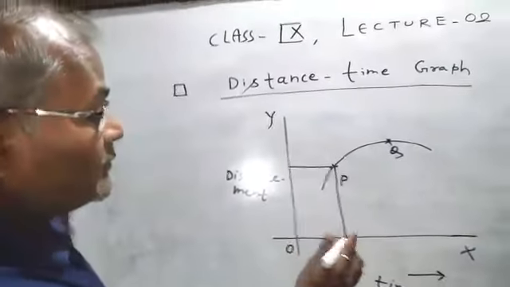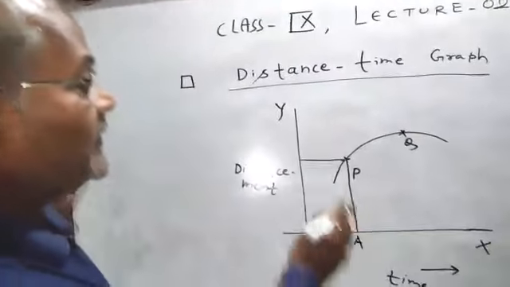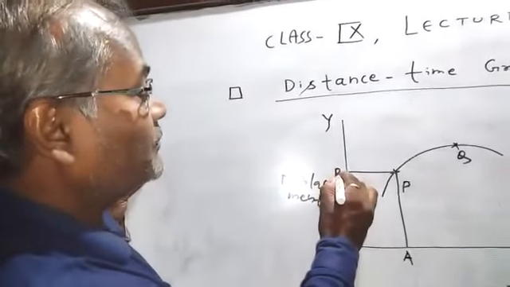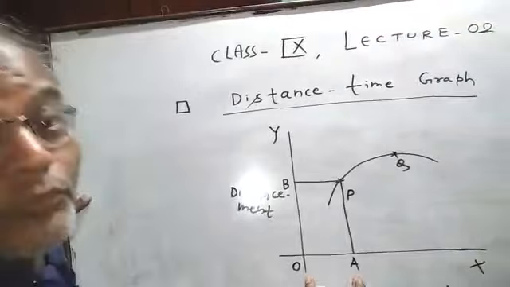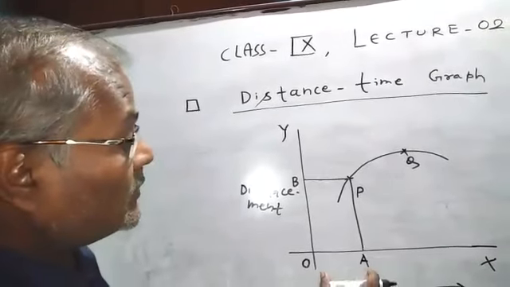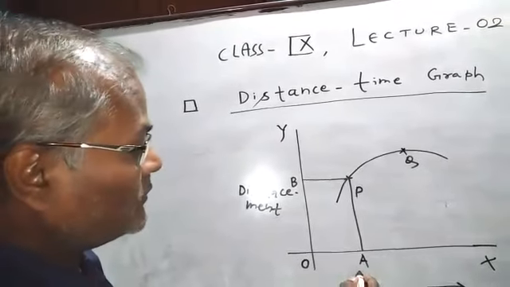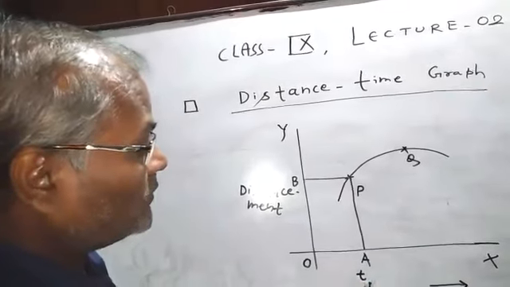Let us suppose they meet at point A and point B. So the length of OA will represent the time T1.